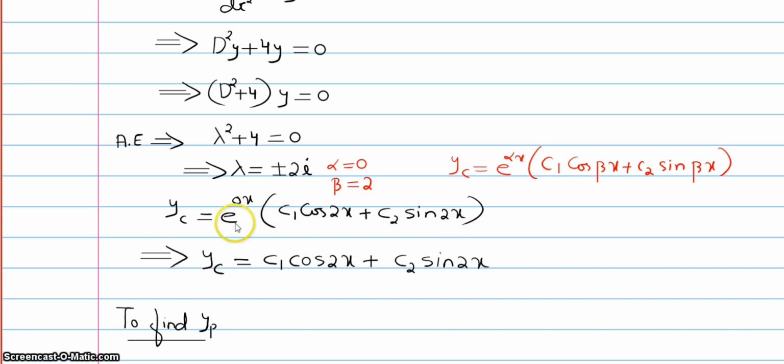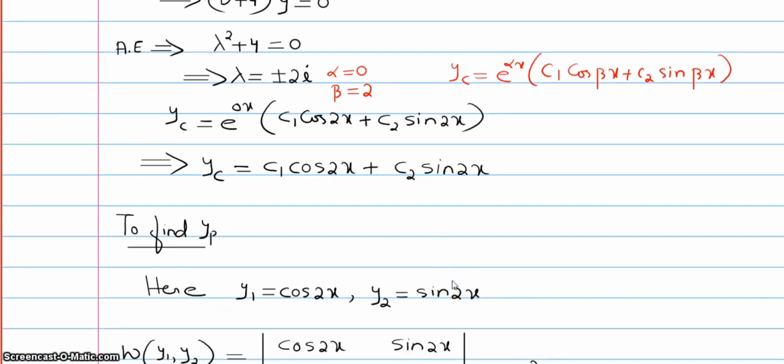And we know that e raised to 0 is 1, so the complementary function can be written as c1 cos 2x plus c2 sin 2x. Now this is of the form yc equal to c1 y1 plus c2 y2. So y1 is cos 2x and y2 is sin 2x.